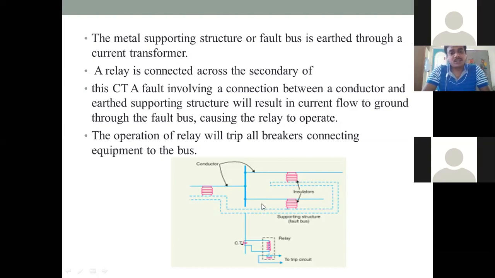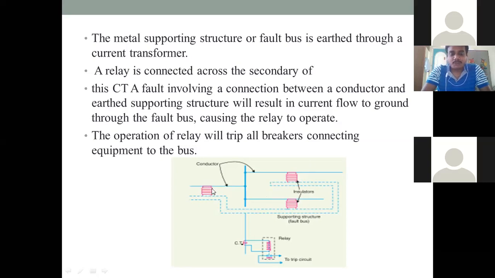So here it has the two feeders as usual, like the previous diagram. But you can see here a supporting structure, which is called a fault bus, which is connected along the lines and forms a closed path across the transmission line. Between the line and this fault bus structure, an insulator is connected.